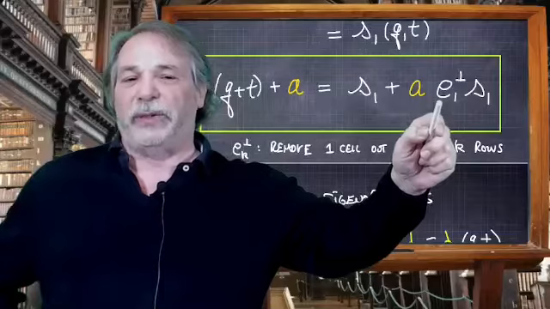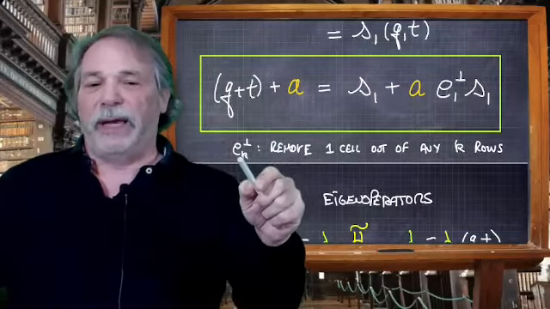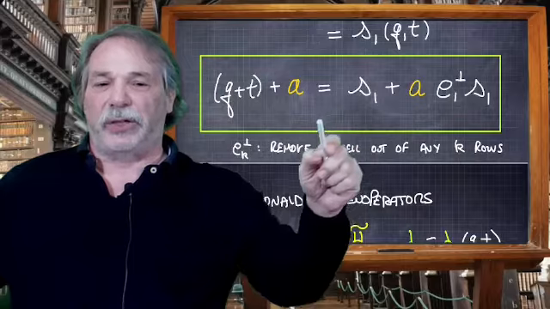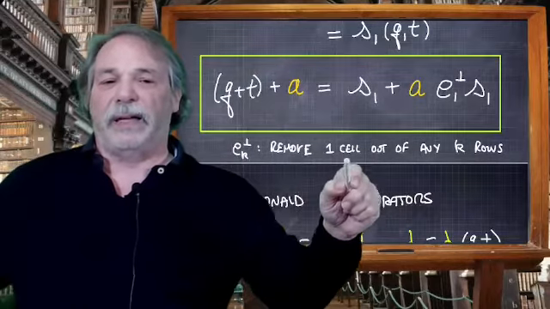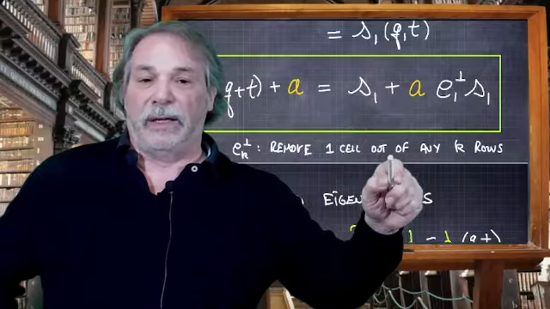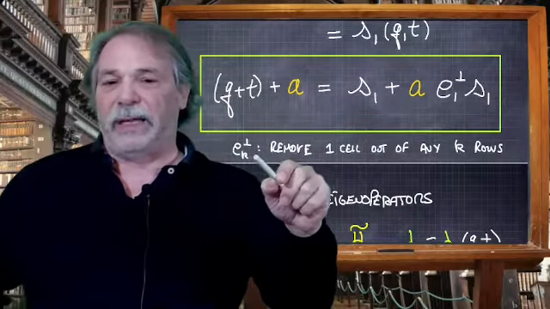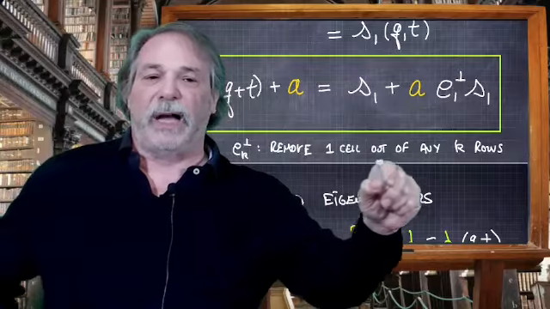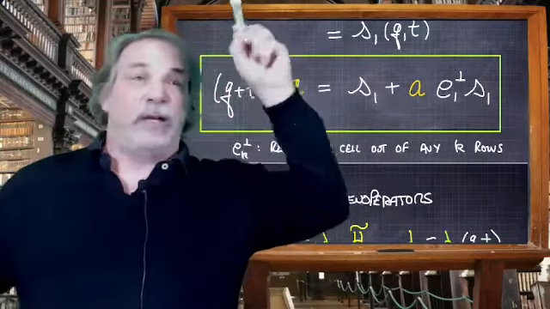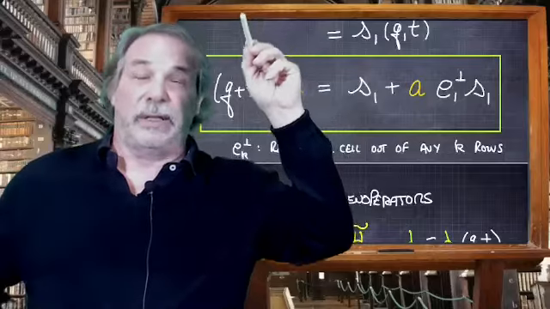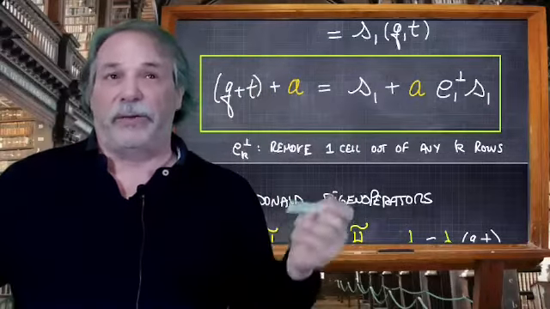So skewing by Ek means you have a partition with lots of rows, and you're allowed to remove one cell out of k rows. In each row, you're not allowed to remove more than one cell. And you cannot do this if what you get out of it is not a partition.